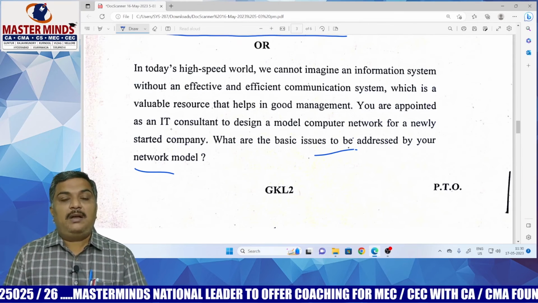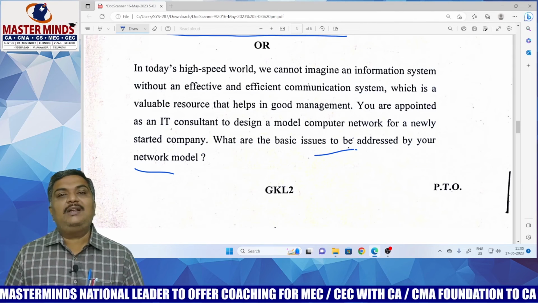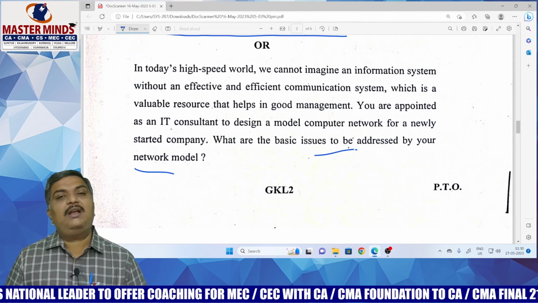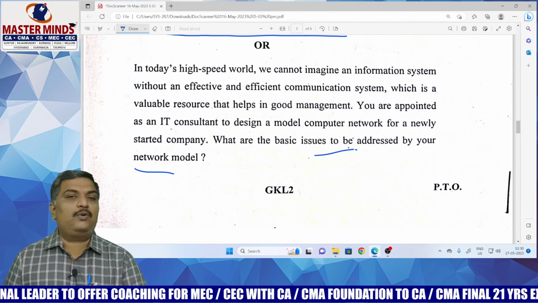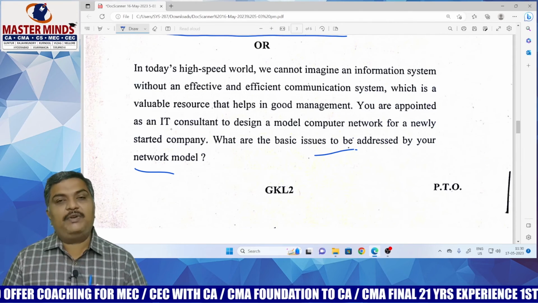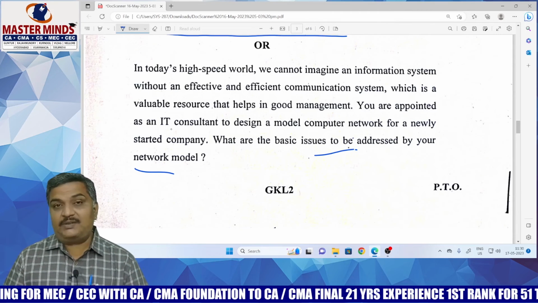That means if you don't design the network in a proper way, definitely the issues of contention will arise. Several devices will be waiting to get access and they could not get the access. So there will be no availability of the channels. So we need to address these contention related issues also. That is very, very important.